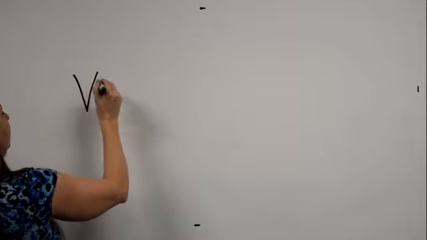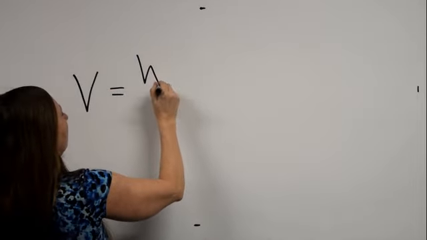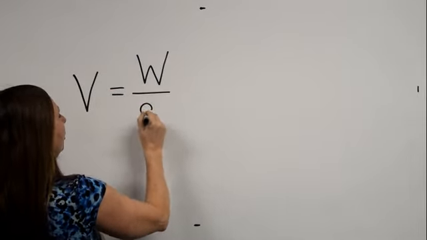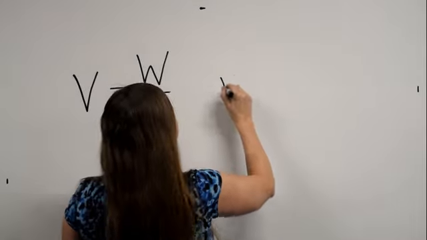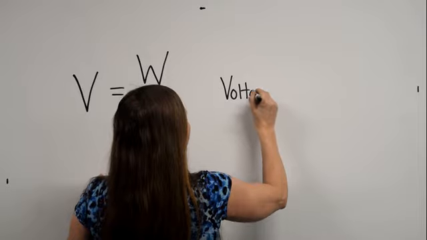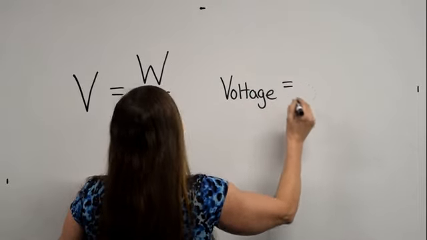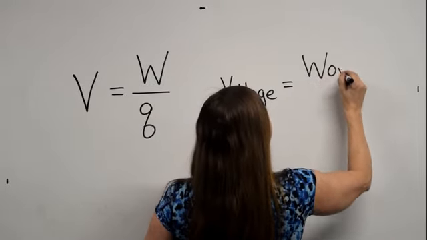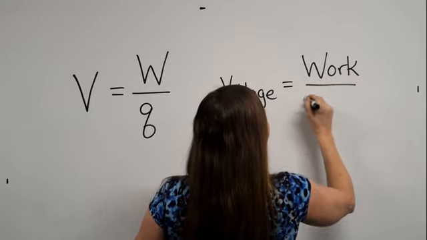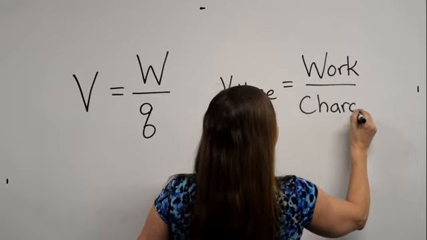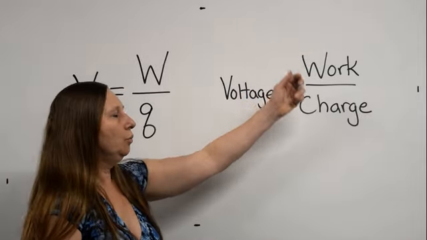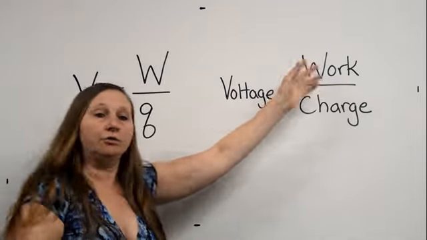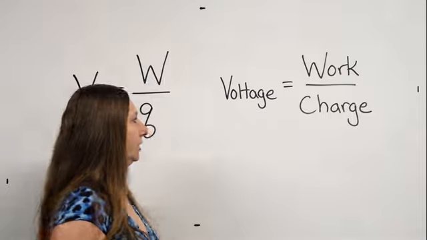In symbols, voltage is equal to the work per unit charge. So voltage is equal to work divided by charge. And again, keep in mind a synonym for work would be electrical energy or electric potential energy.